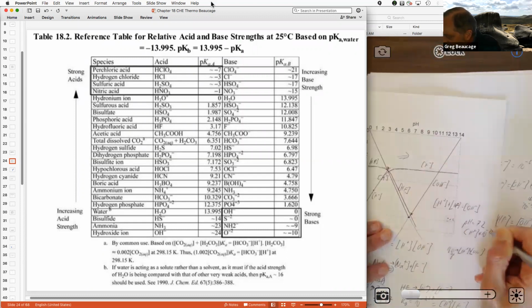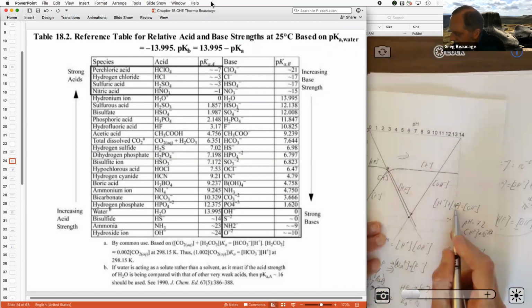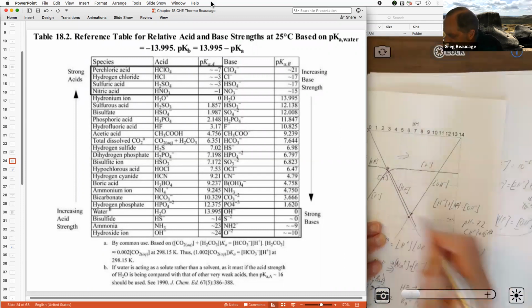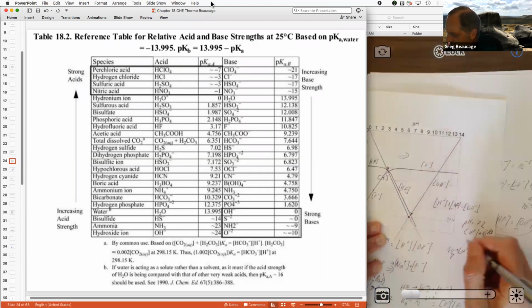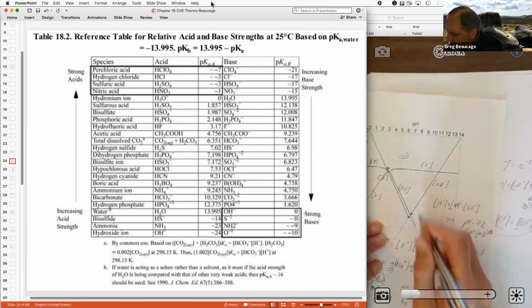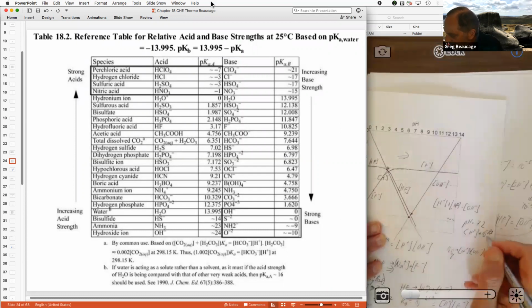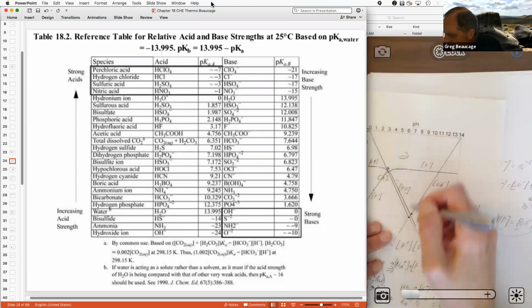And then from that, once you know H plus, you can get the OH minus. Well, pH is 7.2. Your OH minus is over here.